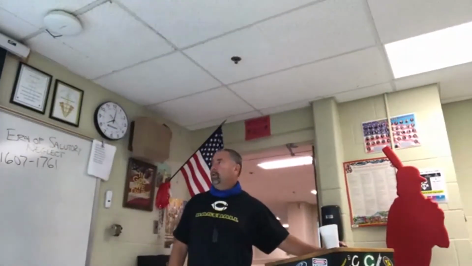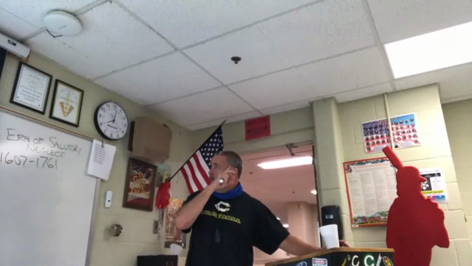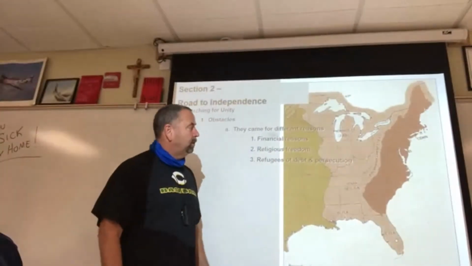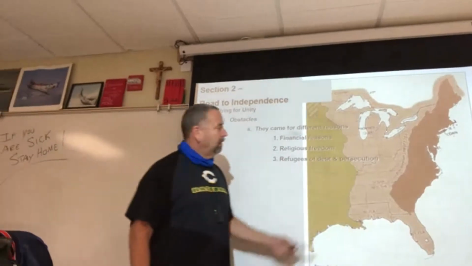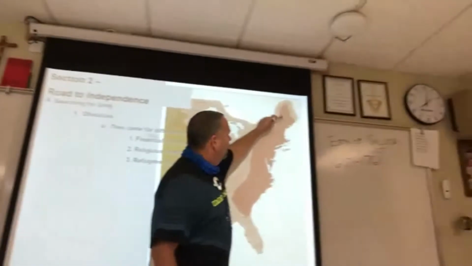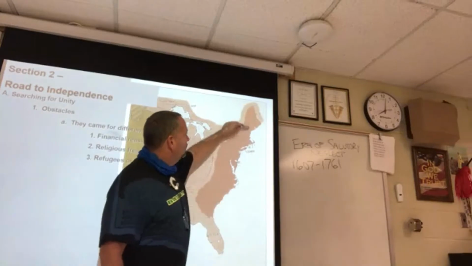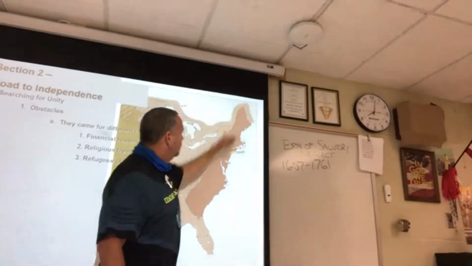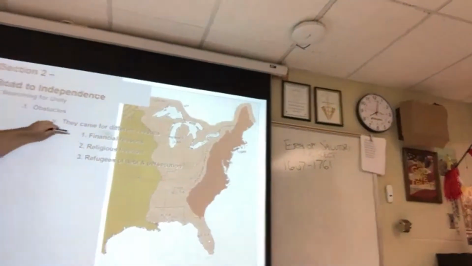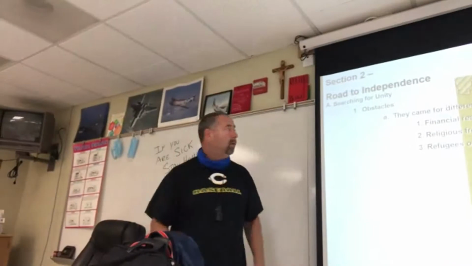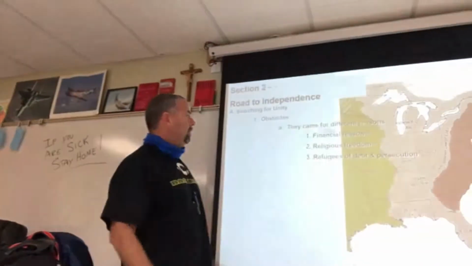So that moves us to this next slide, moving towards independence. Why did people come here? Why did people brave the Atlantic Ocean to come over to the New World? Now, these are your colonies. This is not Maine; this is part of Massachusetts. They came for financial reasons. A lot of them were fleeing debt to get out of Europe and get away from having to pay their bills.